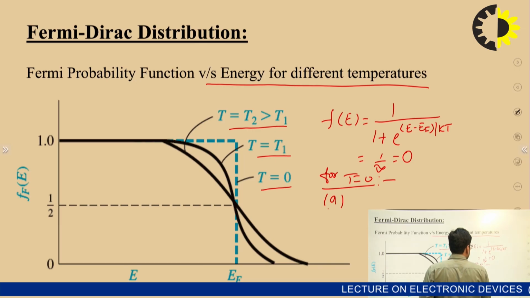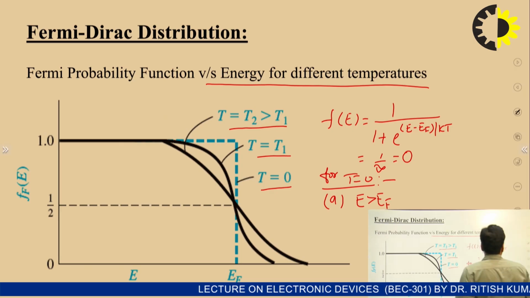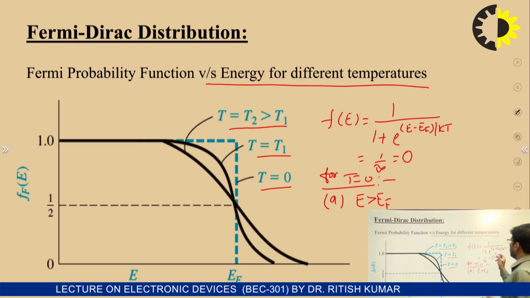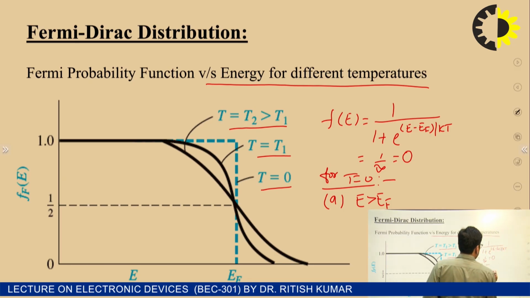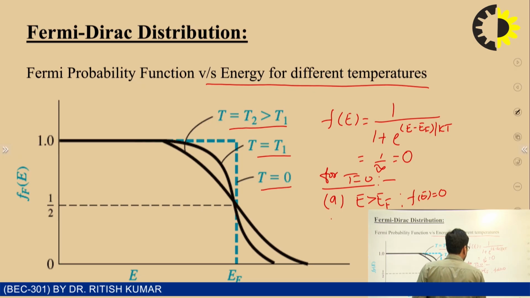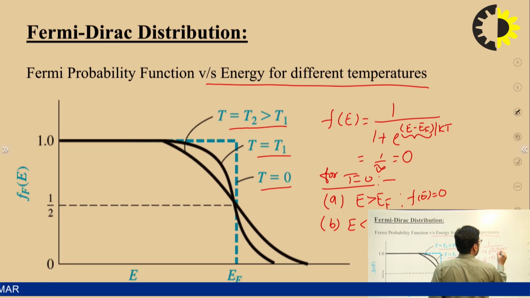The first case is E greater than EF. If E is greater than EF, this exponent should be greater than 0, then you will have the value of Fe equal to 0. While for E less than or equal to EF, this quantity will become negative.